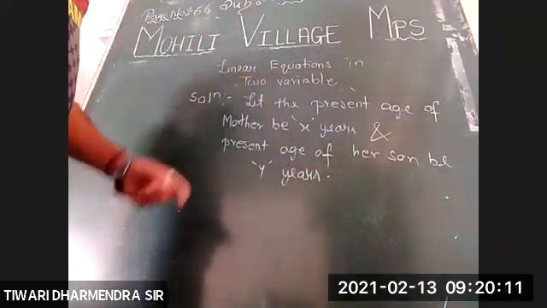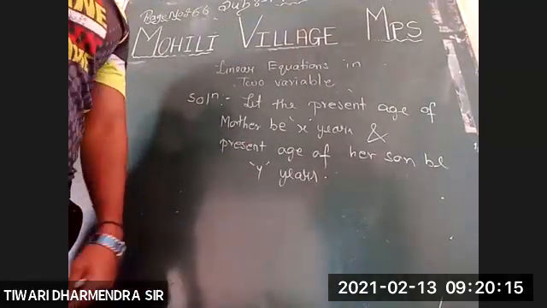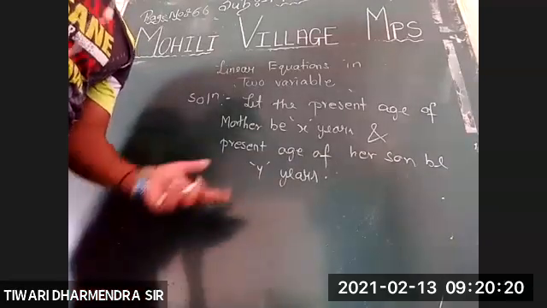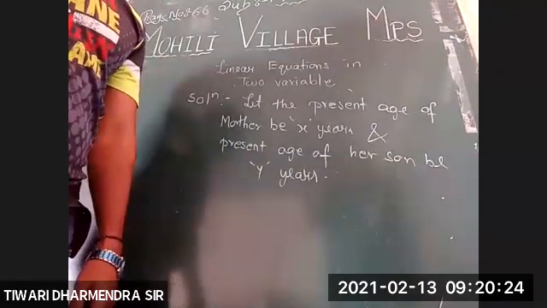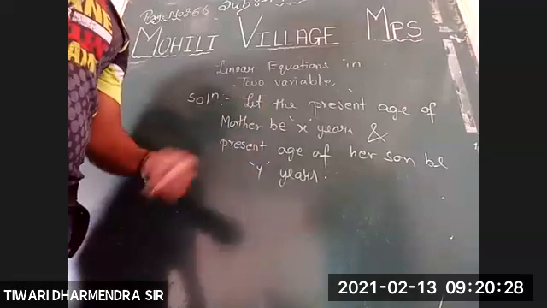Okay, we have assumed them to be X and Y as we don't know their present ages. Here we need to find the present ages, X and Y. So we have assumed them to be X and Y as we don't know the values.